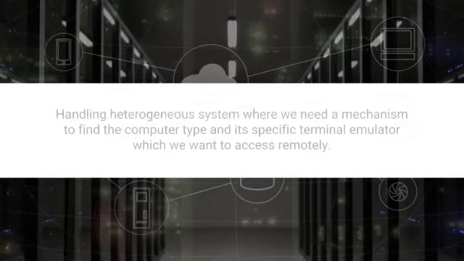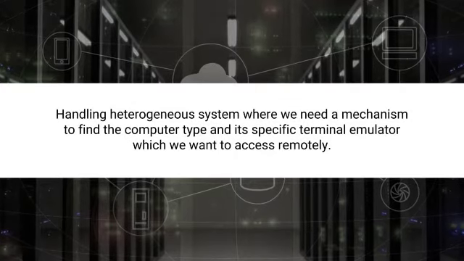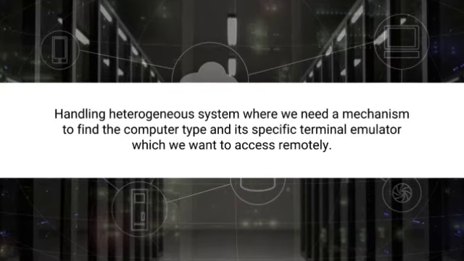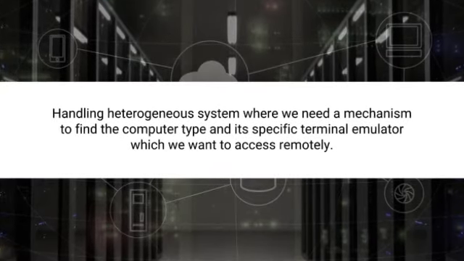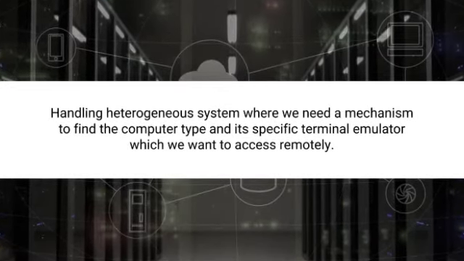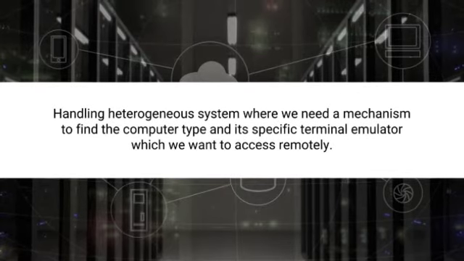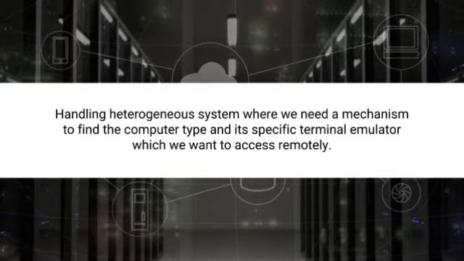So here we are handling heterogeneous systems. So it's not homogeneous. We need to understand there are different systems. It's called heterogeneous systems, where we need a mechanism to find the computer type and its specific terminal emulator, which we want to access remotely.